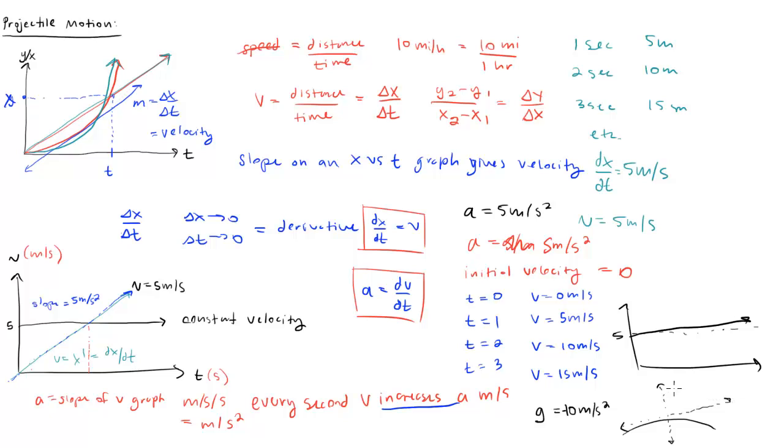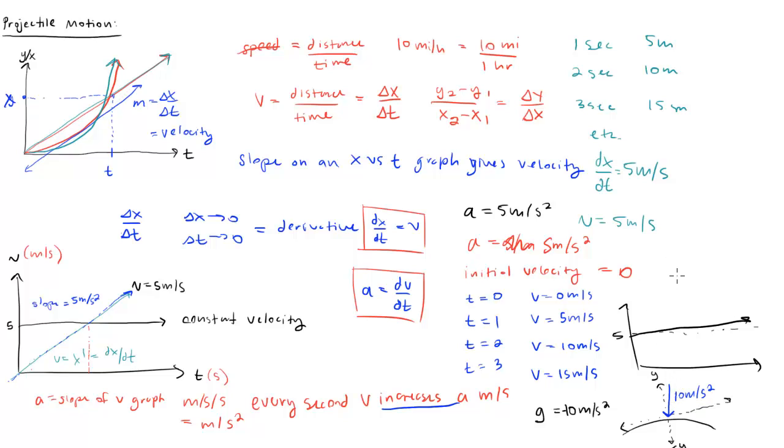If this is the y direction, and this is the negative y direction, well, gravity pulls us down, right? Gravity accelerates us downward. If you jump off a building, you pick up speed because you're accelerating. And so gravity exerts this force downward on us, and the magnitude is 10 meters per second squared.